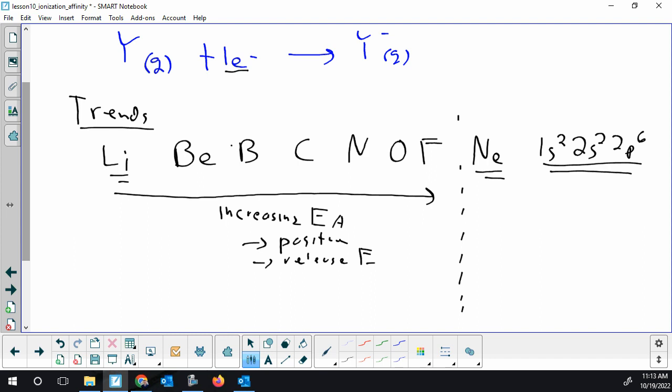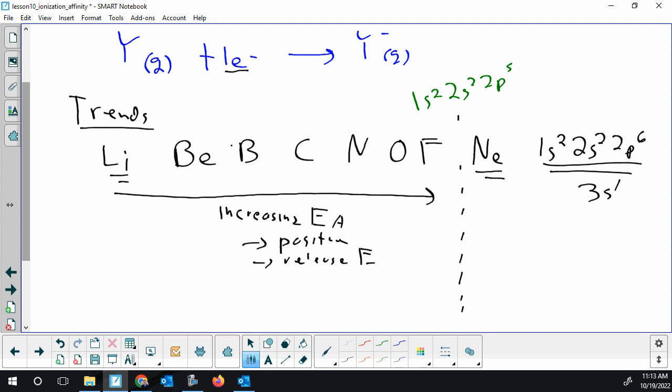If you want to add an extra electron, you'd have to actually add in a 3s1 electron. You'd have to go a whole other energy level bigger. So that's why the trend stops. With fluorine, that's 1s2, 2s2, 2p5. There's room to add in another electron and go 2p6. Okay.